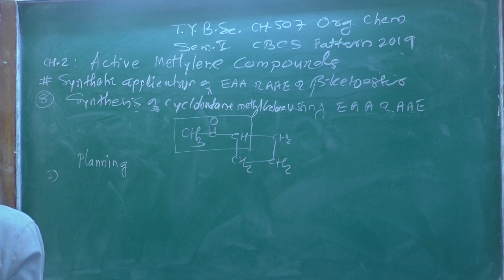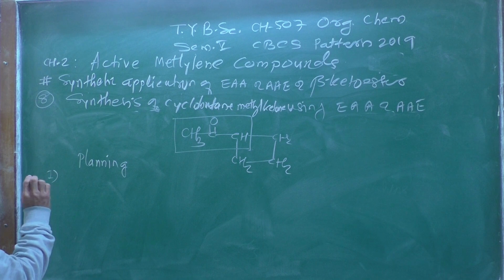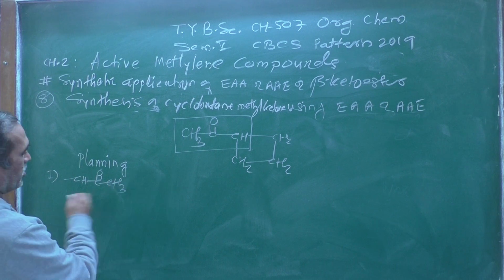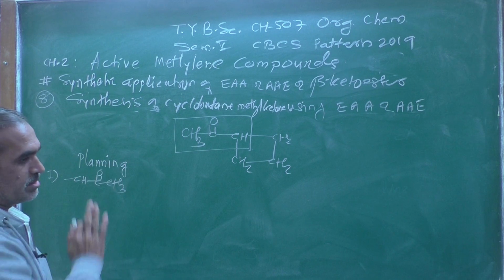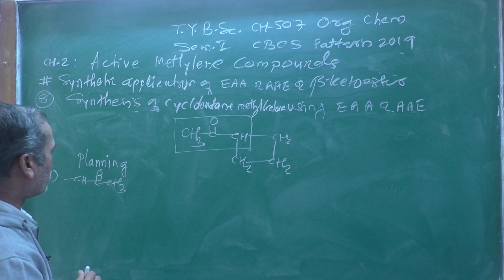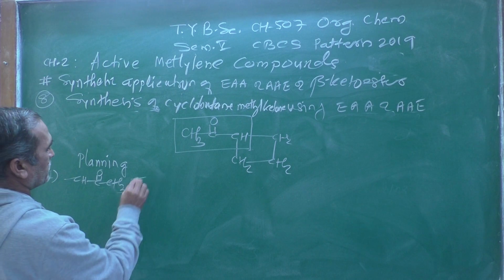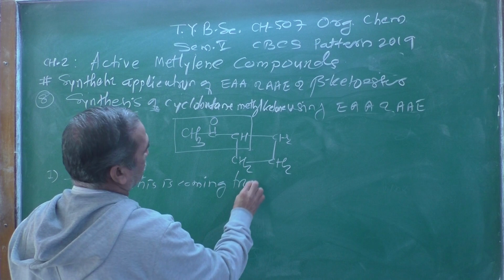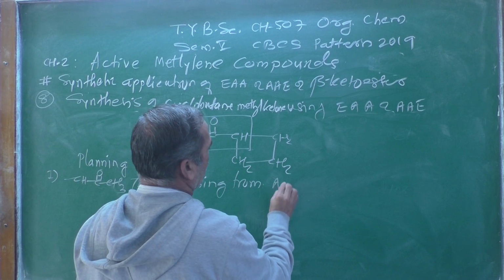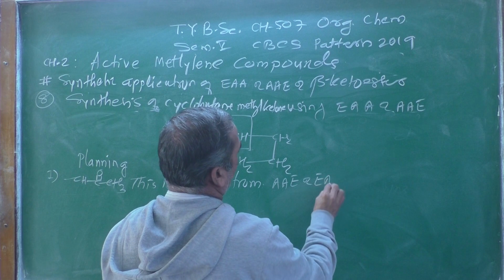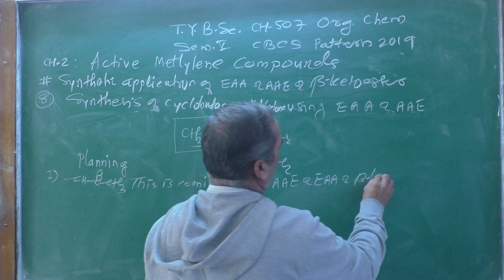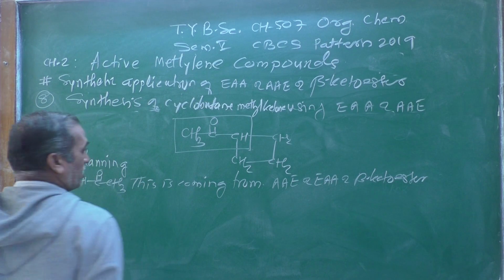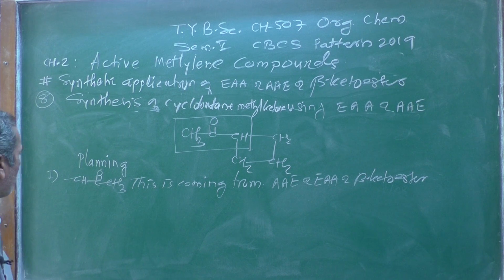This part of this organic compound is coming from acetoacetic ester, or ethyl acetoacetate, or beta keto ester.